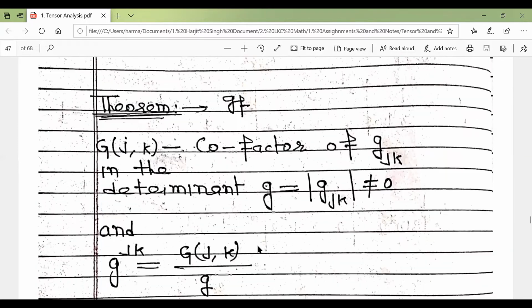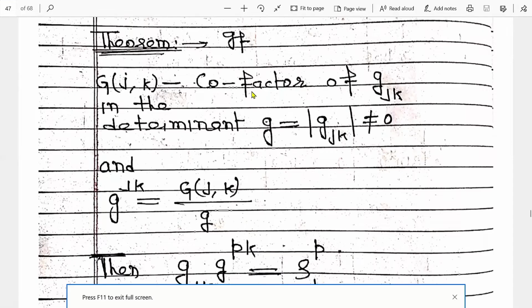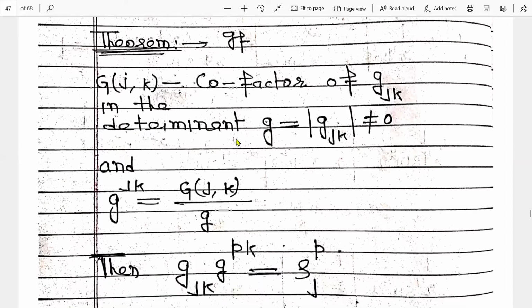Now, in order to understand this result, first, G^jk is the cofactor of g_jk, which we already did in the previous example. This is the cofactor of g_jk and this is the determinant of g_jk.